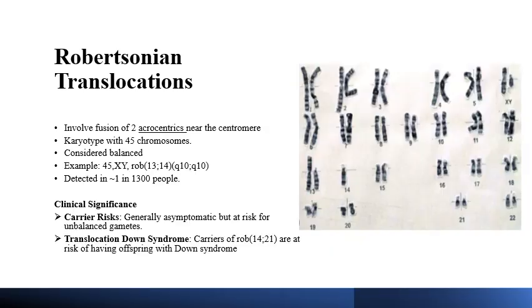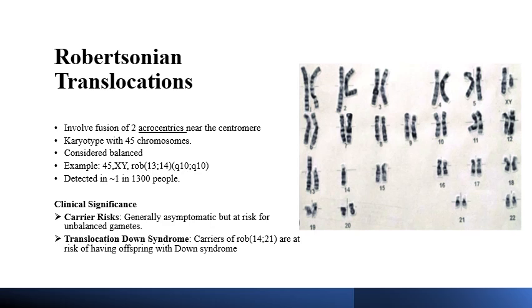So the other type of translocation that is balanced is a Robertsonian translocation, and this is where two acrocentric chromosomes fuse near the centromere. And as you can remember, acrocentric chromosomes are those that have a satellite at the top and the centromere right at the bottom of that satellite.